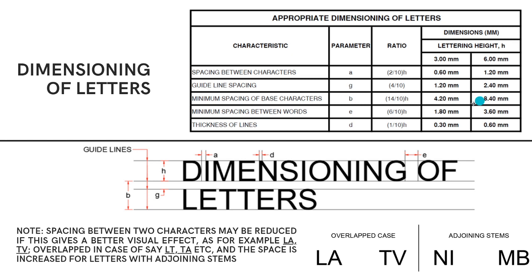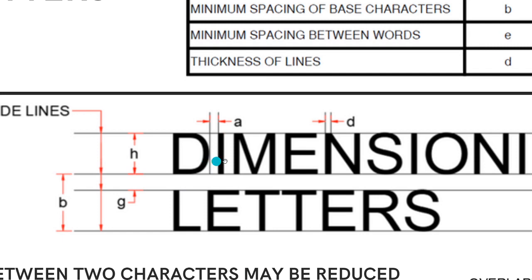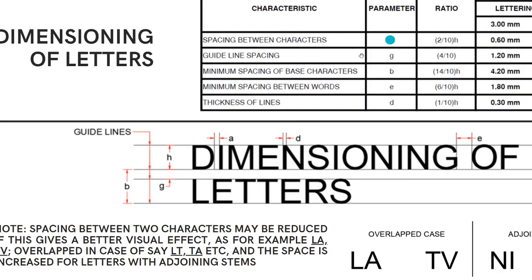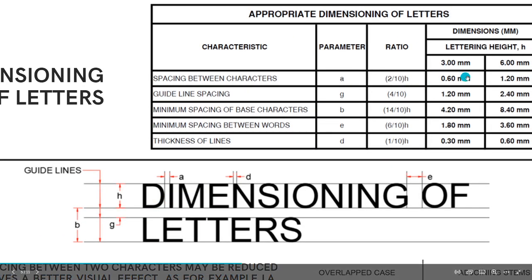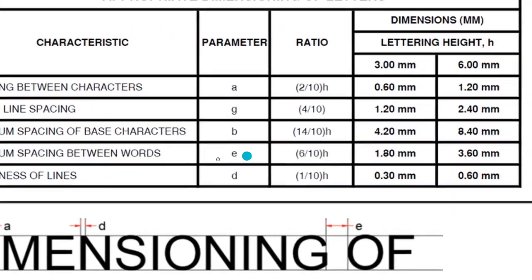So for example, we are using a 3 text height. So the spacing between our characters, or between D and I, would be parameter A, or 20% of H, or 2/10. Okay? So for example, with a 3 text height, how much would the spacing between characters be according to the table?